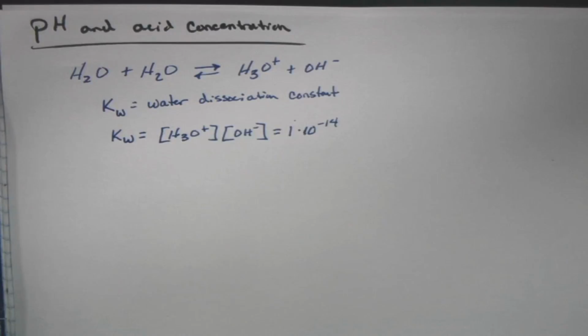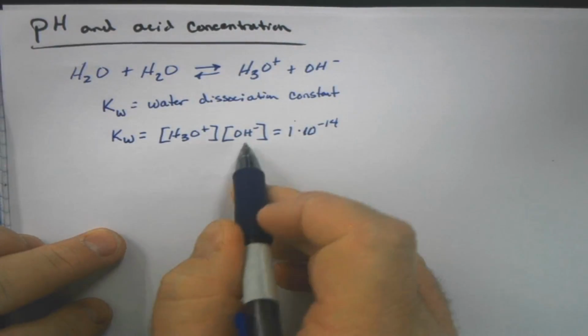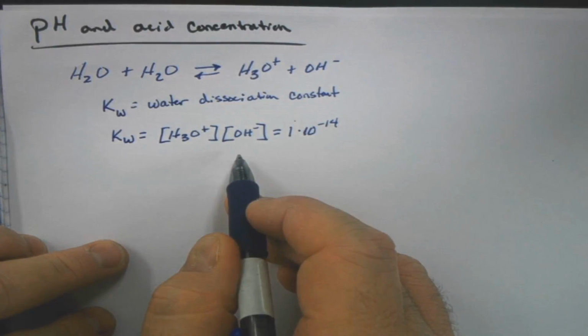That is the value of this expression. This is the water dissociation constant, 1 times 10 to the negative 14. But from this, we can figure out what the concentration actually is of hydronium and hydroxide.